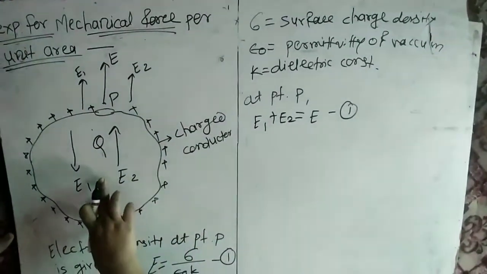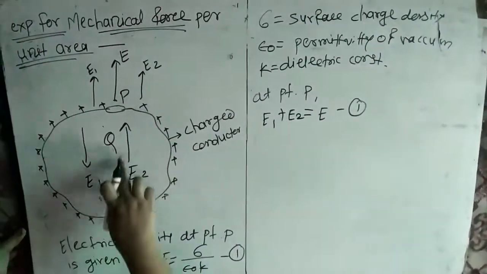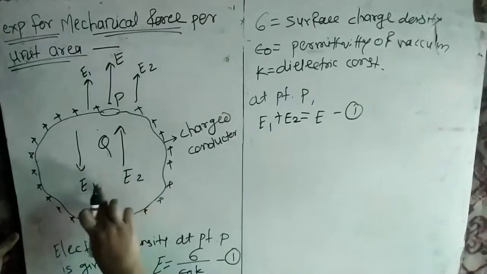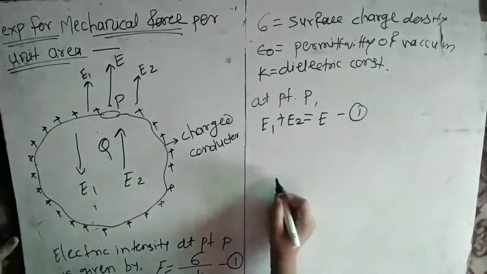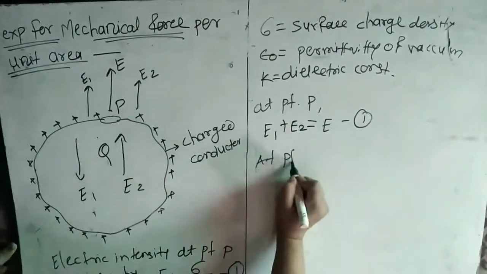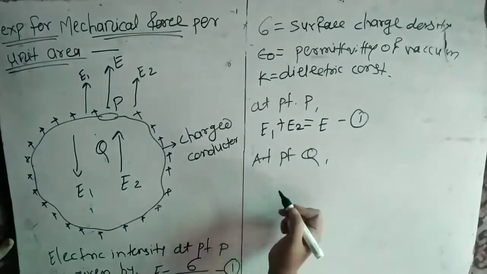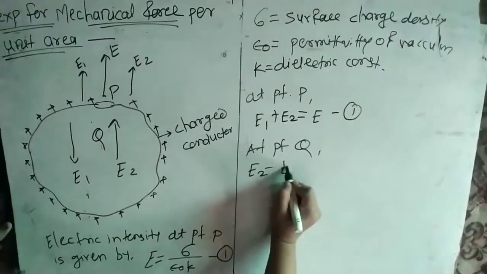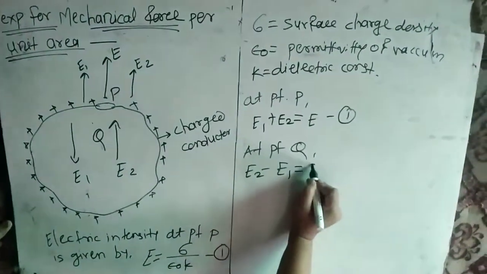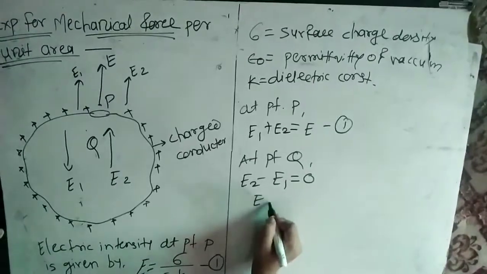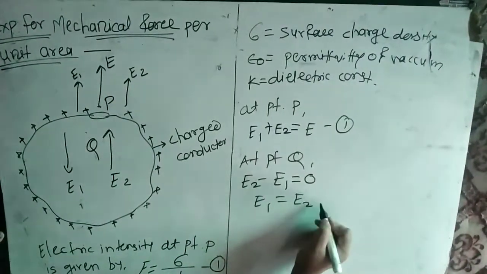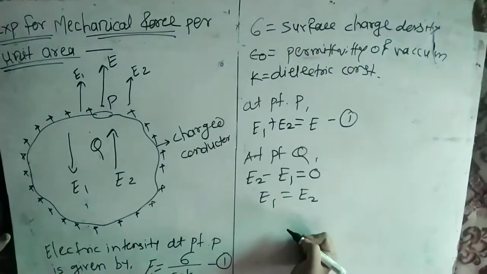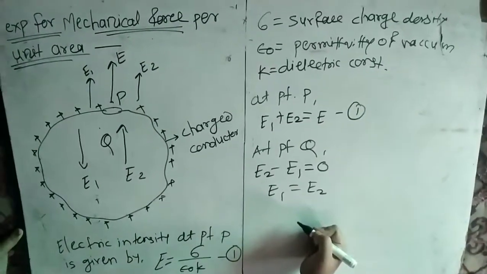Now at point Q, the electric intensities are in opposite directions, so E2 minus E1 is equal to 0. So E1 is equal to E2.